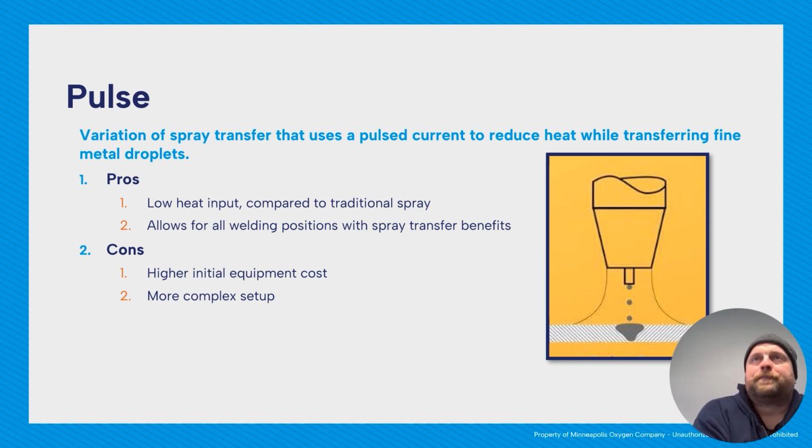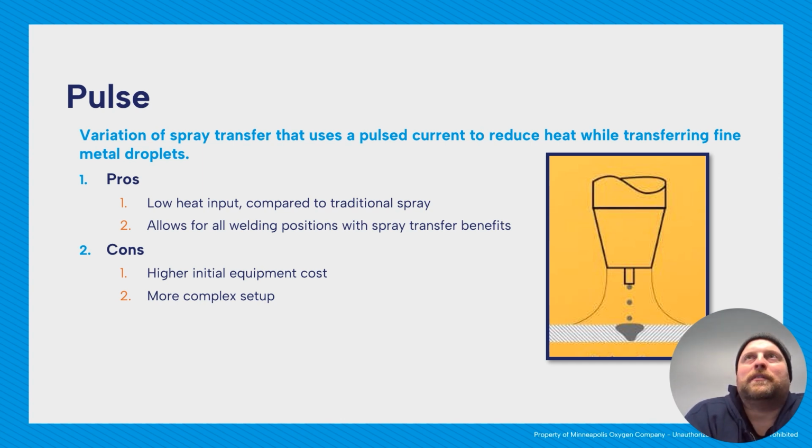I will say, a lot more machines nowadays are integrating pulse programs in them, but just because your machine has a program for pulse doesn't always mean you can do pulse. For example, older Miller wire feeders, depending on what type you had, would have a pulse setting, but you wouldn't be able to actually use pulse unless you got an extra device called an Omni Pulse, I think it was called.